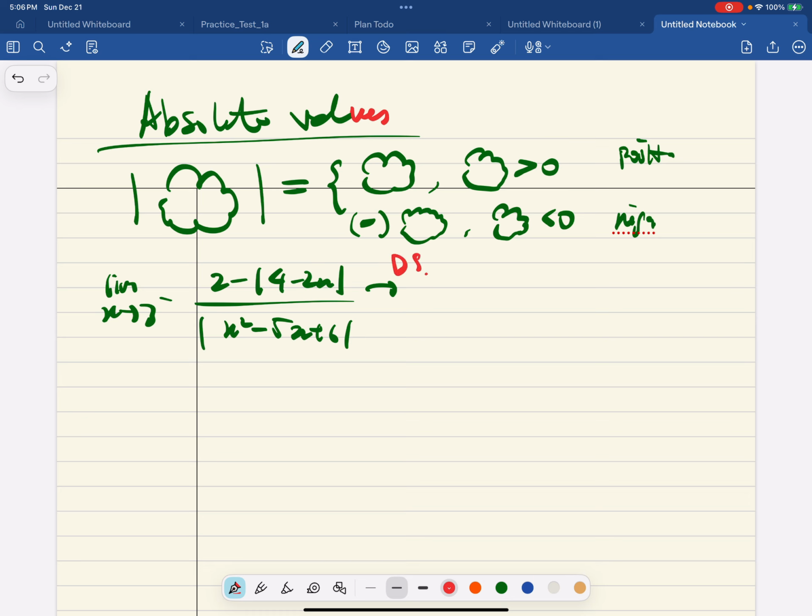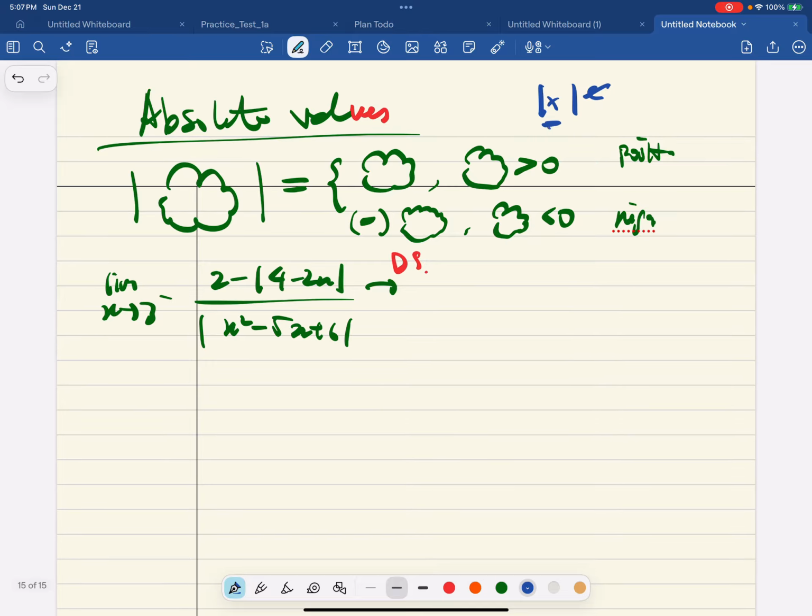You have to direct substitute always in absolute value, because you want to get rid of these absolute value bars. And how to do that? It's to see if the inside is positive or negative, as simple as that. If the inside is positive, you get rid of the bars, that's it. If the inside is negative, you get rid of the bars, and you also have to add a negative sign.